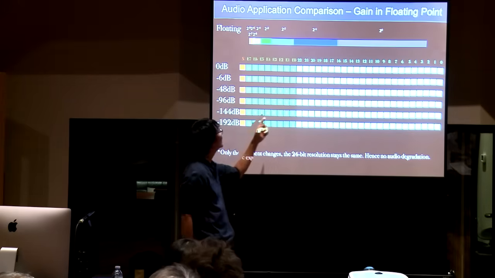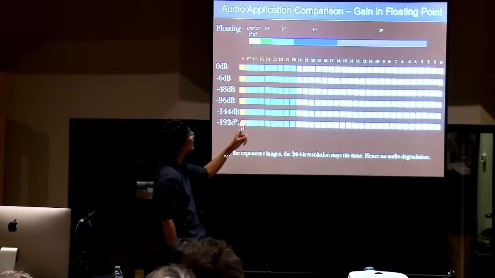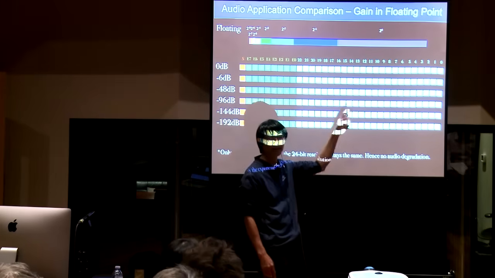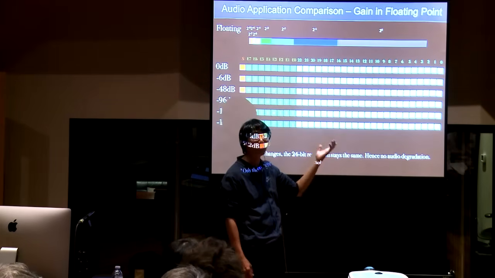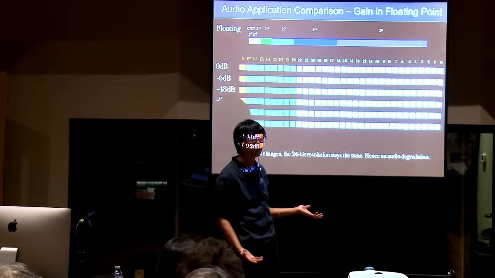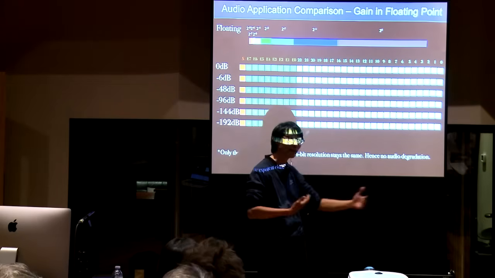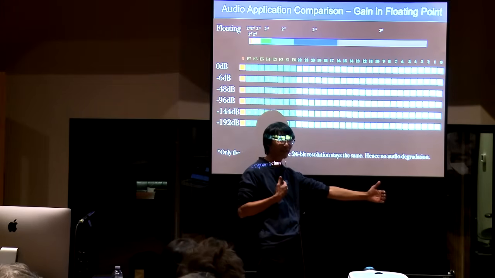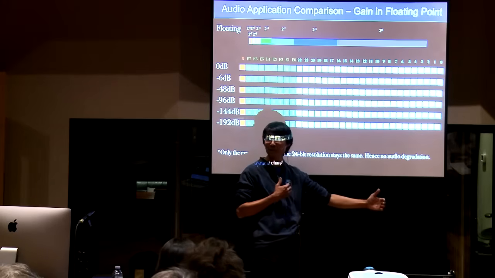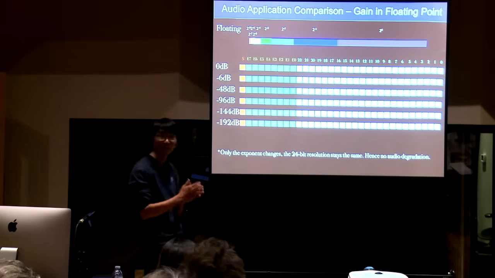In this case, the floating point never loses any number representation. In audio terms, no distortion, right? Because you keep all the information. You're not losing any of the information like the fixed point counterpart does.